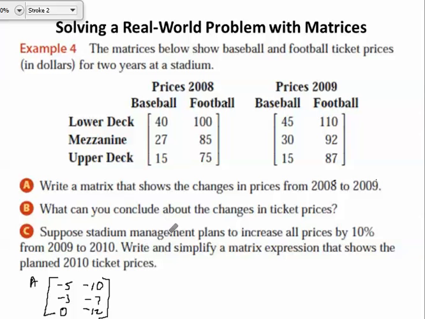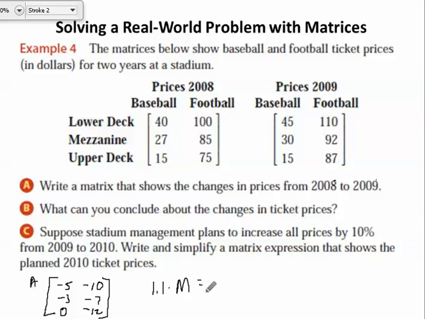Now, suppose stadium management wants to increase all prices by 10% from 2009 to 2010. Well, what could we do there? We could say 1.1 times the matrix.